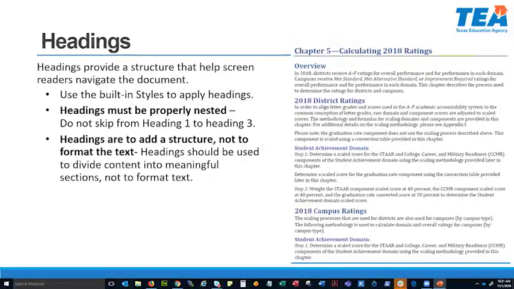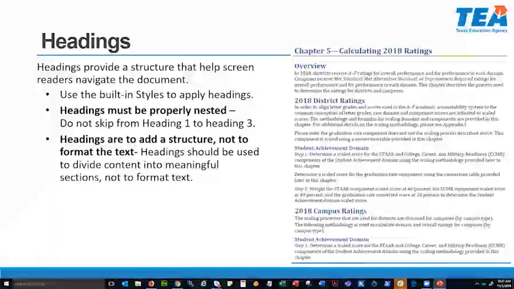So for example, in this document here, we have the title, which is chapter 5, calculating 2018 ratings. Then we have a section called overview, another section called 2018 district ratings, and then we have a subsection of that called student achievement domain. Then it goes back to a bigger main section called 2018 campus ratings.